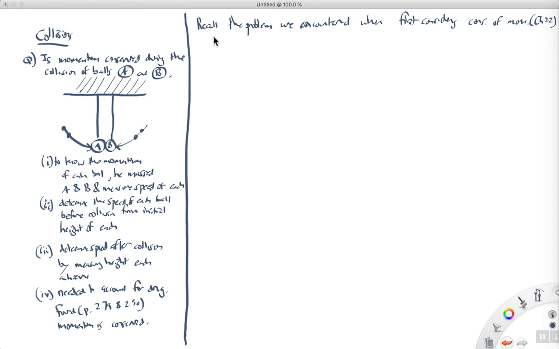And the problem was that there are many, and in fact an infinite number of outcomes of a collision that are consistent with the law of conservation of momentum.